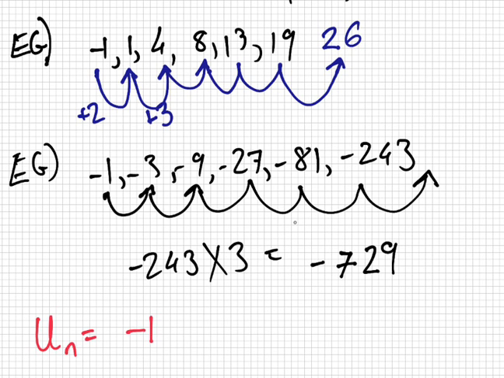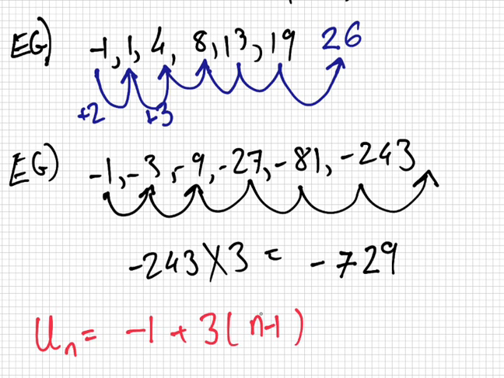So I do plus 3. But I don't write n here. I should write n minus 1. And the reason for that is because when the term is the first term, what's n? n is 1. So I don't want to add 3 for my first term. I only want to add it afterwards.